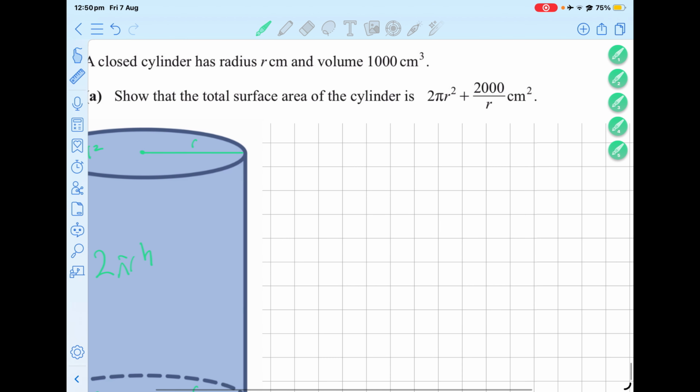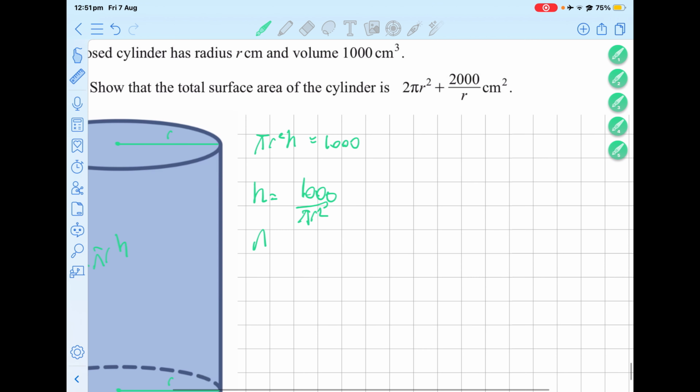So what about h? Pi r squared h equals 1000, because of this. So what do we do with h? We can write this down as 1000 over pi r squared. Now, the total surface area is the curved surface area plus the two bases. So I said 2 pi r squared and 2 pi r h.